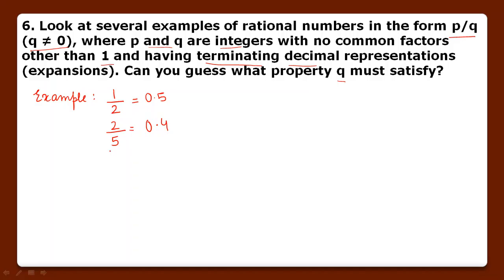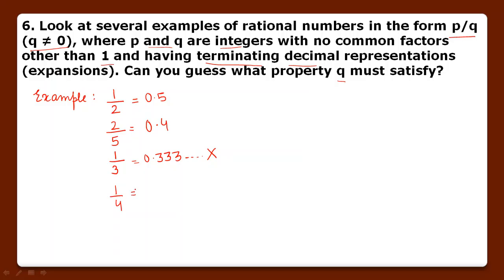Again we can take an example. Suppose 1 upon 3. When we divide 1 upon 3, we'll get 0.333 and so on. This is not terminating, so it will not be included. We are using the hit and trial method; whichever is correct, we'll keep. We can take another like 1 upon 4.